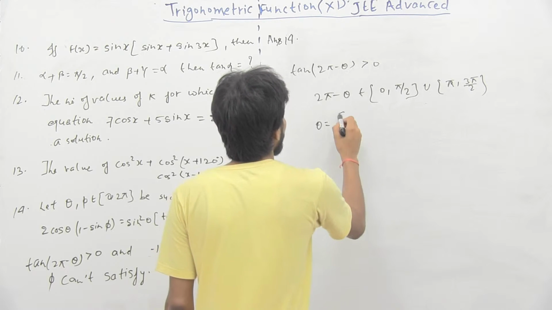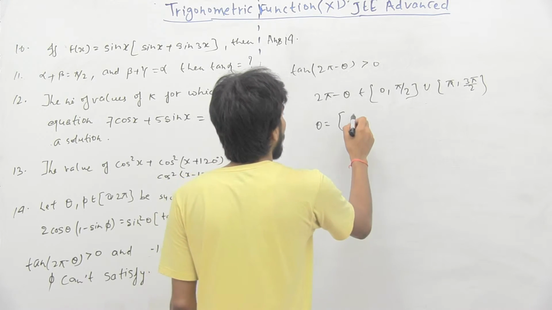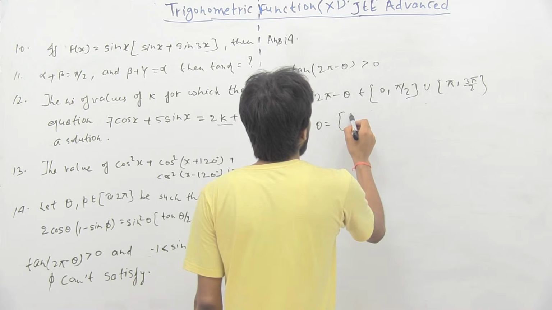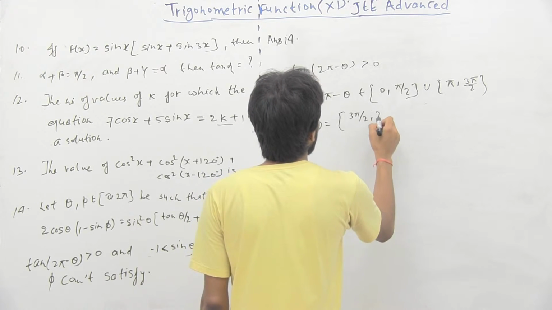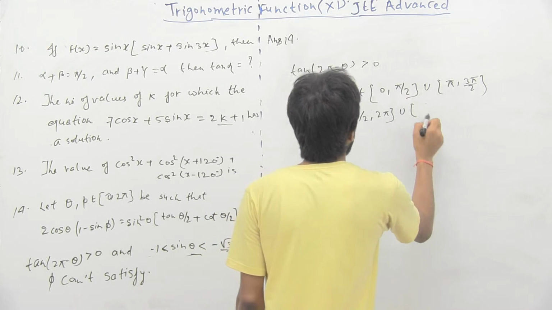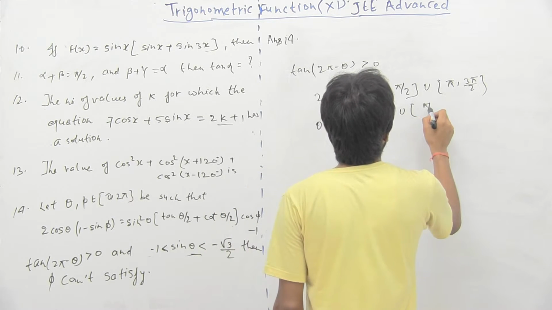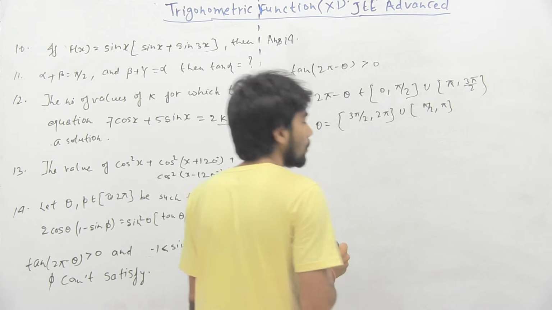So this will give you 2π − 0 and π/2, means (3π/2, 2π) union (π/2, π), okay.